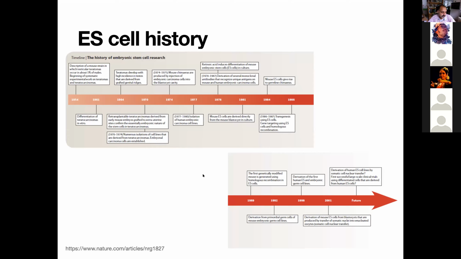The history of embryonic stem cells probably started way back in 1954 with the observation that a particular mouse strain developed testicular teratomas in 1% of males. What does anyone know what a teratoma is? It's a tumor. It's a cancerous tumor that has many different types of tissue in one tumor itself. Yeah, exactly.